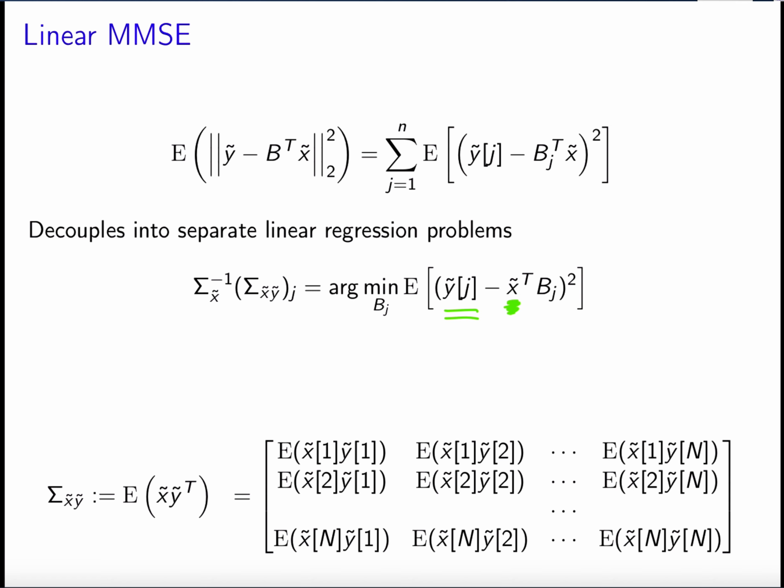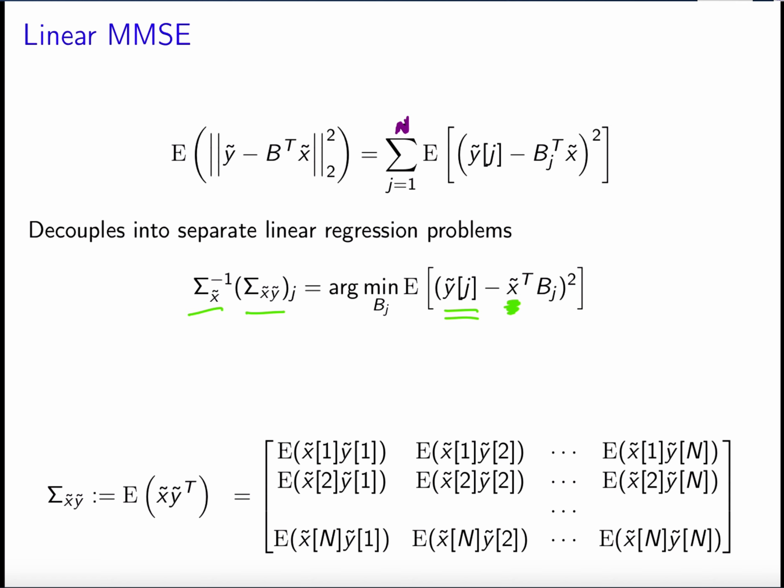Okay, and the best linear coefficients, by the way, here we're going to assume that y and x are zero mean because we can center everything, as we already explained when we were talking about linear regression. Okay. The best linear estimate is just given by the inverse of the covariance matrix of the features times the cross covariance between the features and the response. So that's the solution to the jth linear regression problem. We have n of them. Okay. Here I've realized that I should write big N here. Sorry about that.